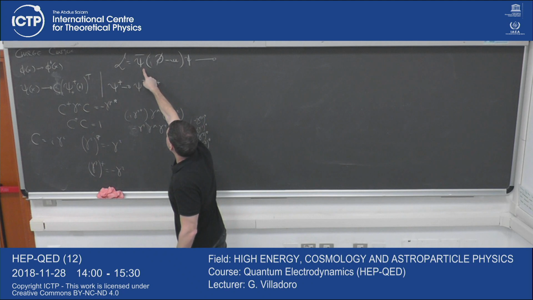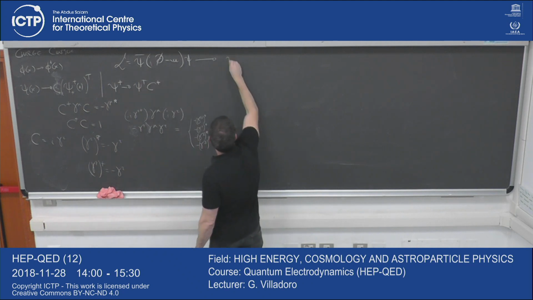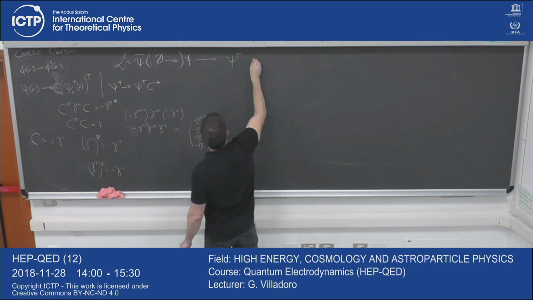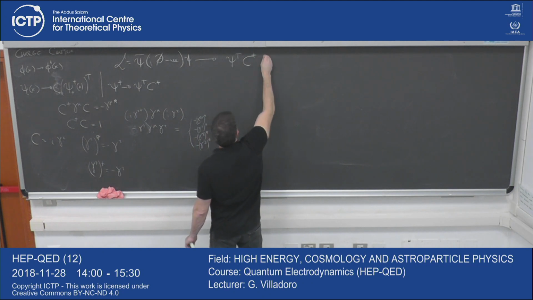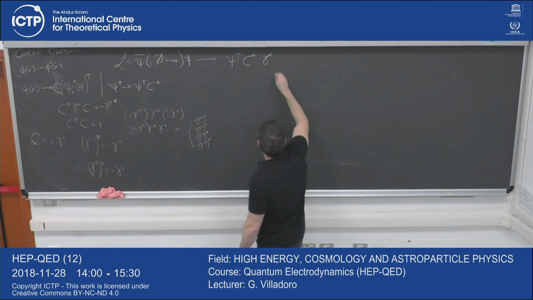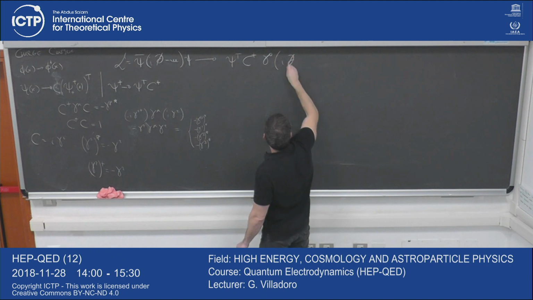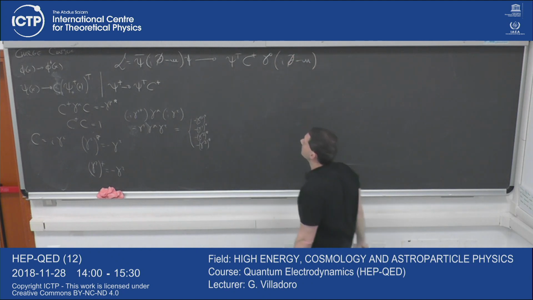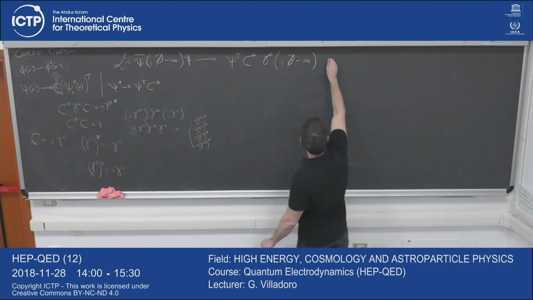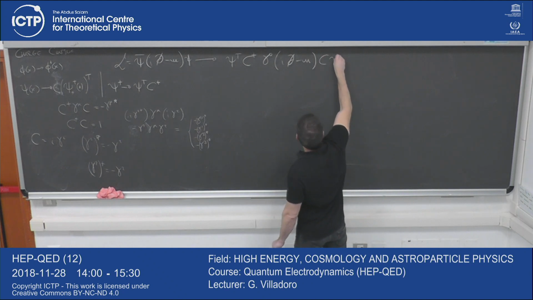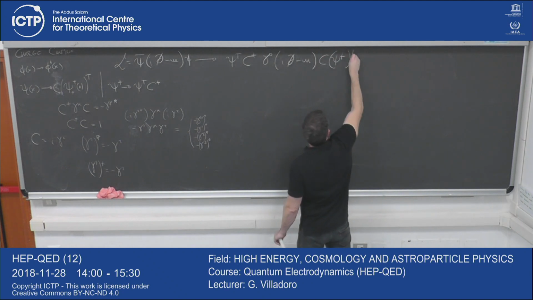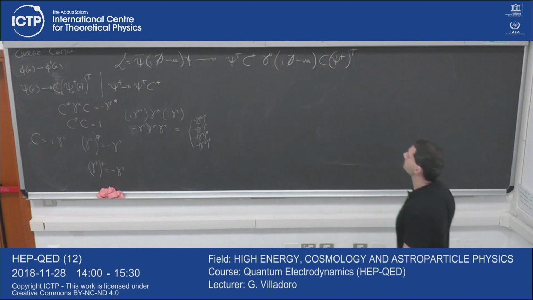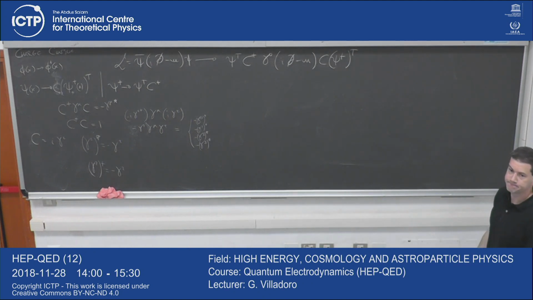So this means that the psi dagger inside here goes into psi transpose C dagger. There is a gamma naught, i the slash minus m, and psi goes into C psi dagger transpose. Okay.